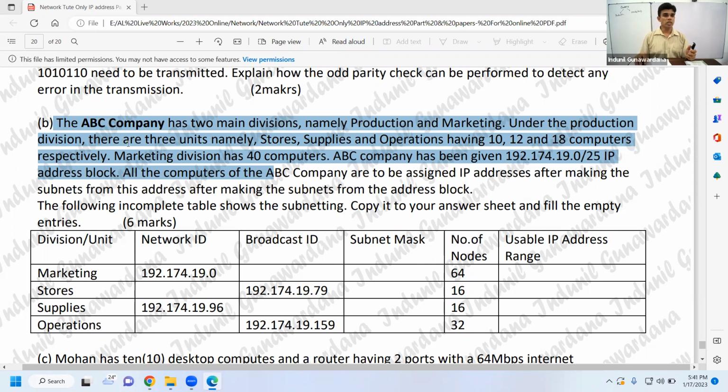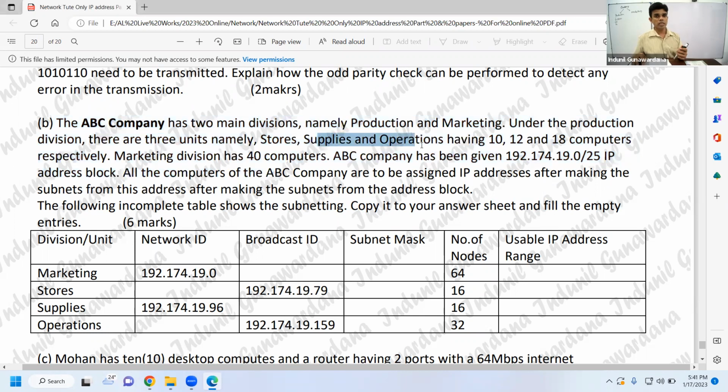Under the production division, there are three units, namely stores, supplies, and operations.